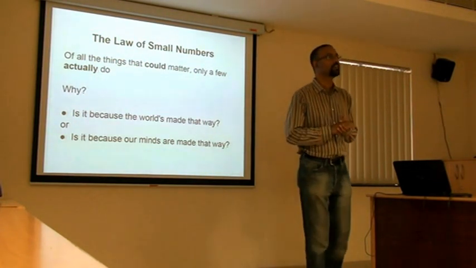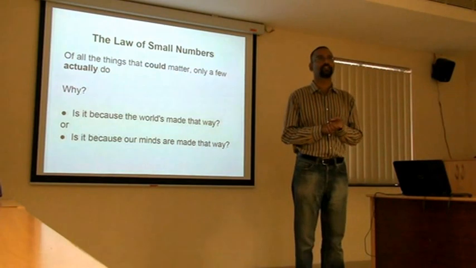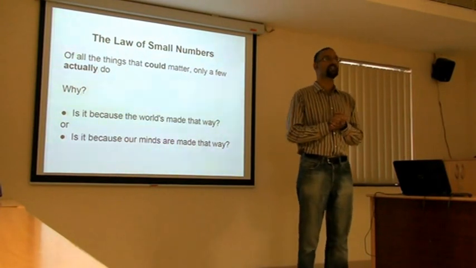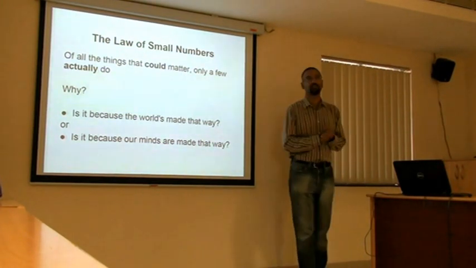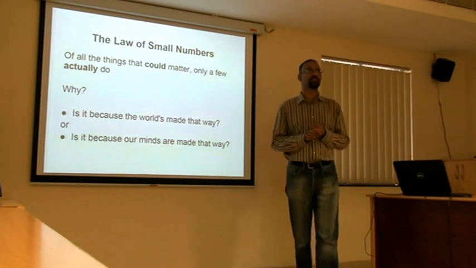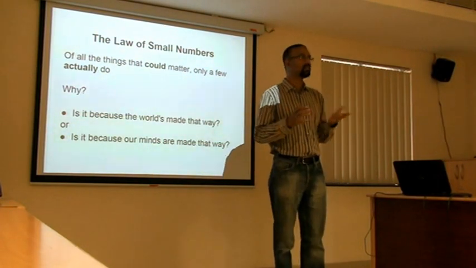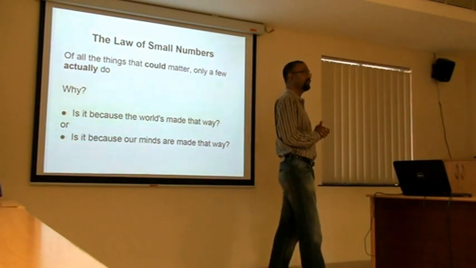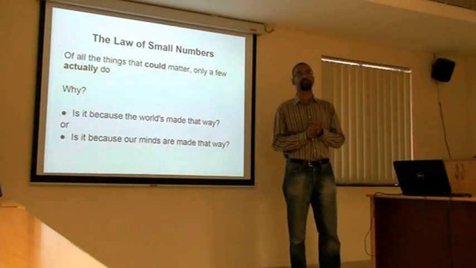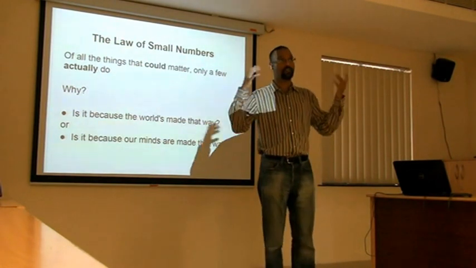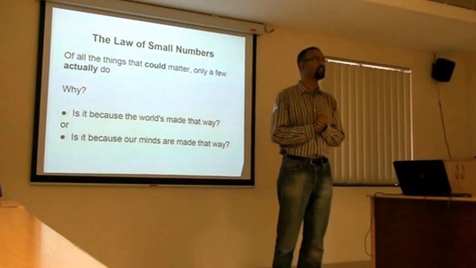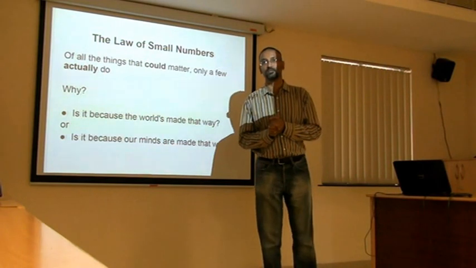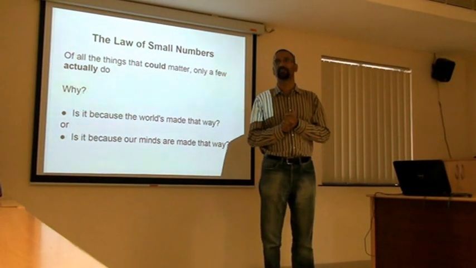Okay. And therefore, if there is structure in the data, it will be either because the world's made that way, so the earth goes around the sun, and not the sun going around the earth, or because perhaps our minds are made that way, meaning that we are too stupid and therefore we can't really understand a world of zillions of variables, and therefore whatever the world really might be like, in order for it to make sense to you, it has to be reduced to a manageable package.